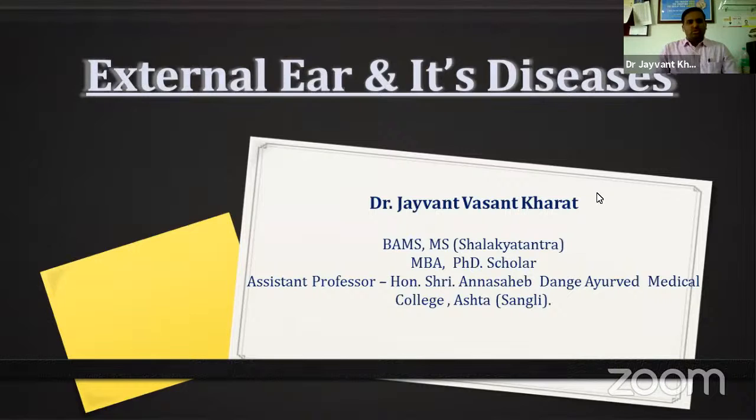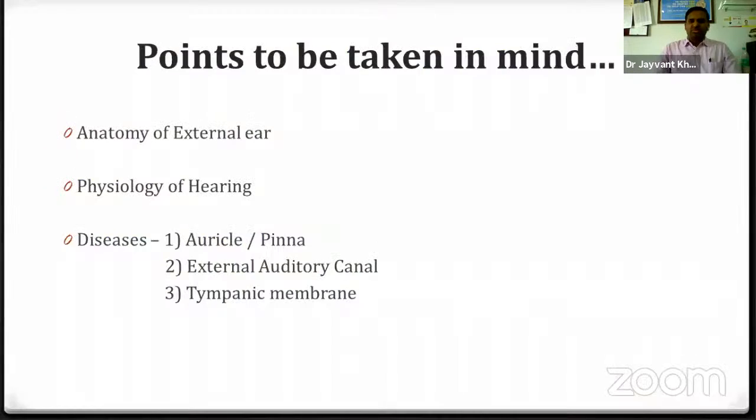So, we are moving forward. Points to be kept in mind: what are the points to be studied in this lecture? Anatomy of external ear, physiology of hearing or hearing pathway, because some conductive pathologies are seen in the external auditory canal, tympanic membrane, or auricle or pinna.